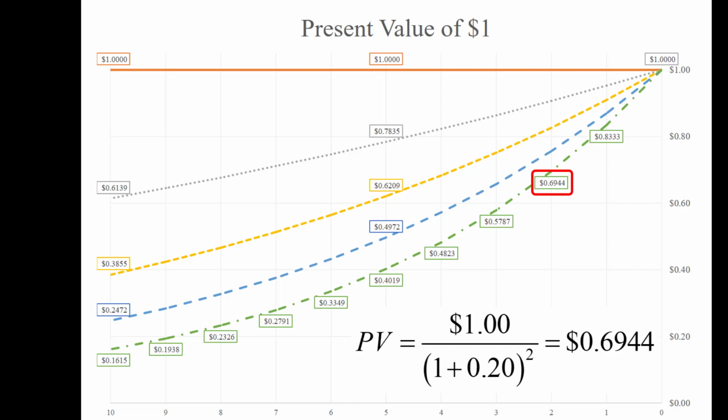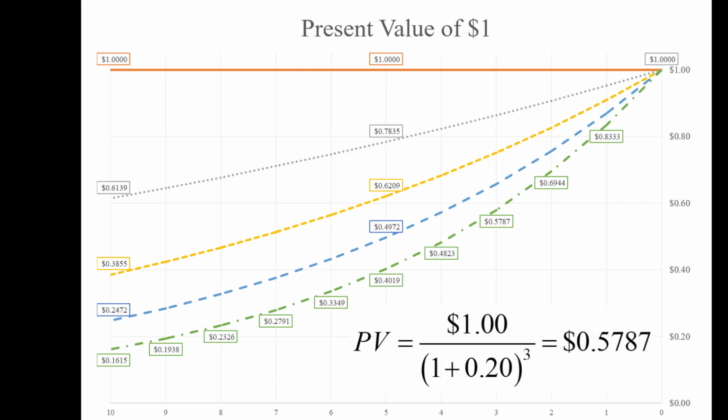We earn 20% per year, and that's going to give us $1 in 2 years. Using the same formula, we also find that if we are given 3 years to earn interest at a rate of 20% per year, we could invest $0.5787 today, earn 20% interest for 3 years, and have $1 in the future.